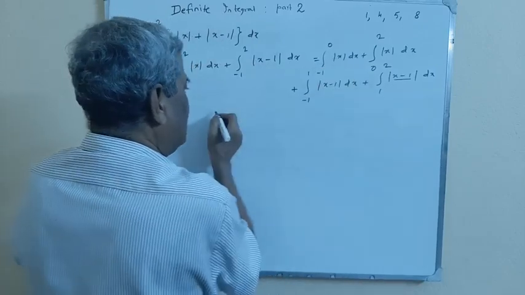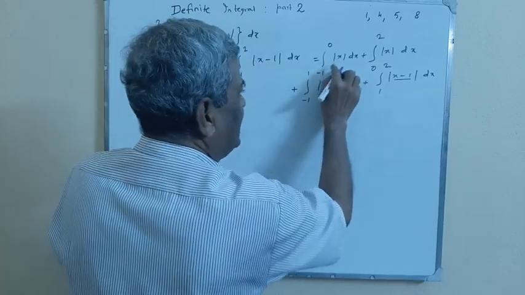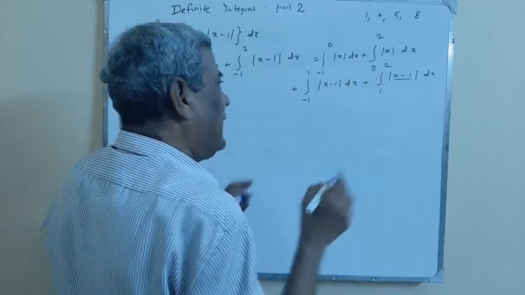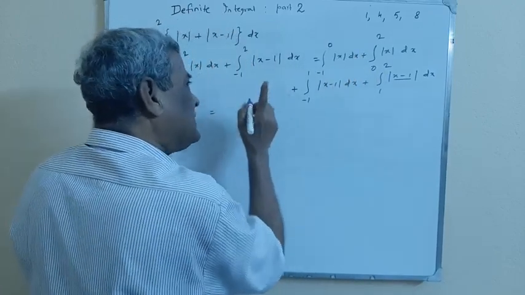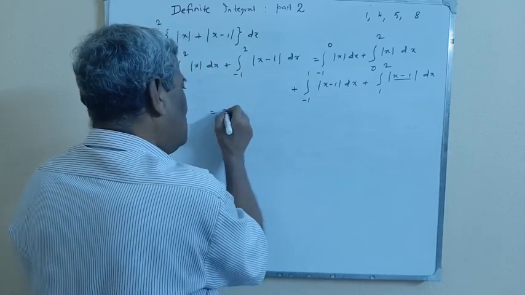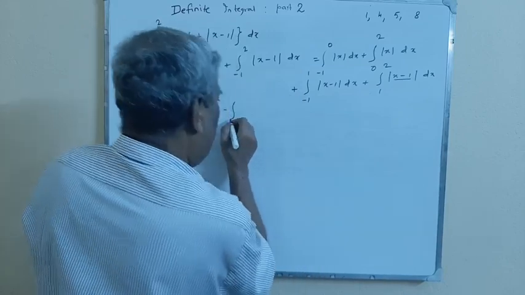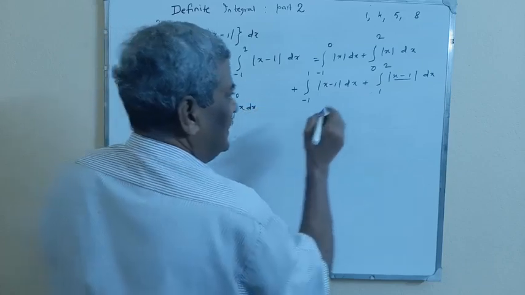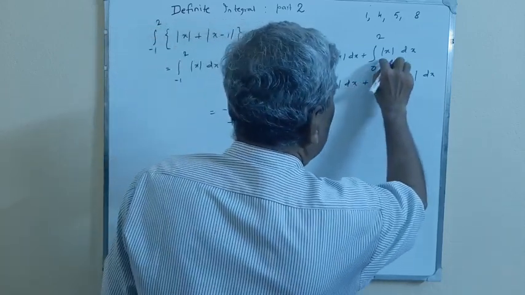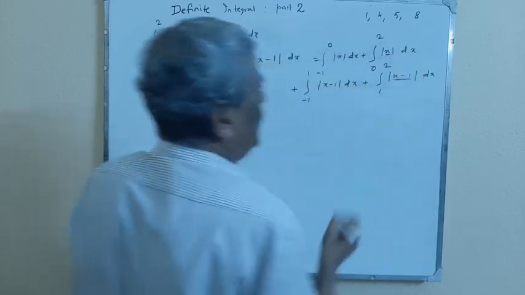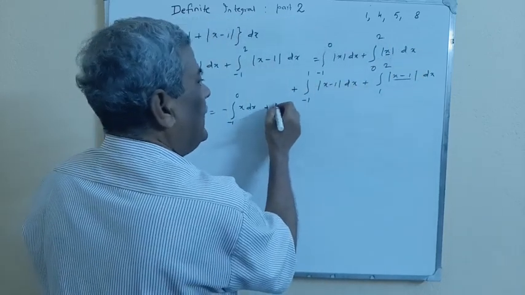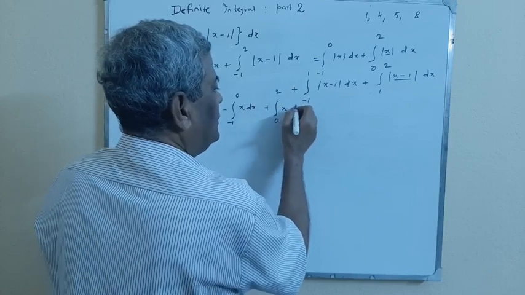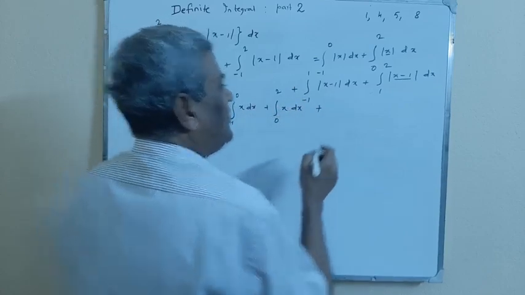Now in the interval -1 to 0, x is all along negative, so mod x is equal to minus x. So minus the integral from -1 to 0 of x dx. Then from 0 to 2, it is all along positive, so simply omit the mod function, plus.